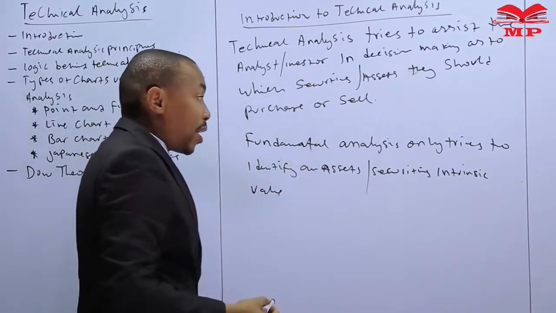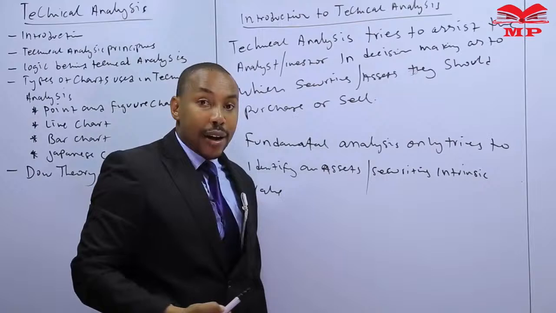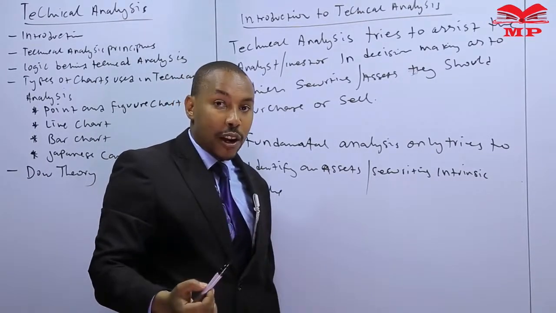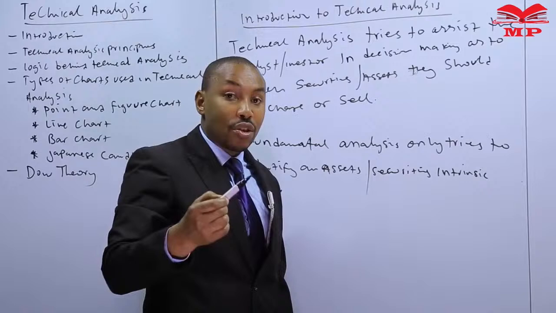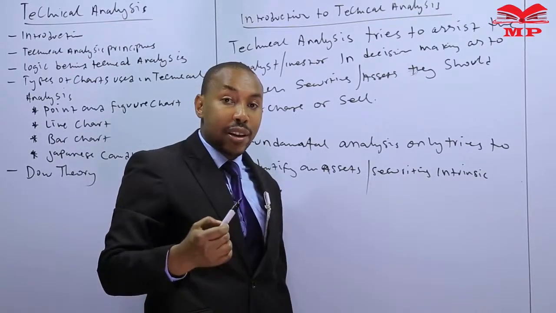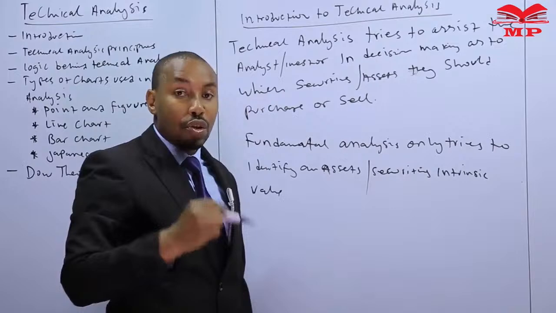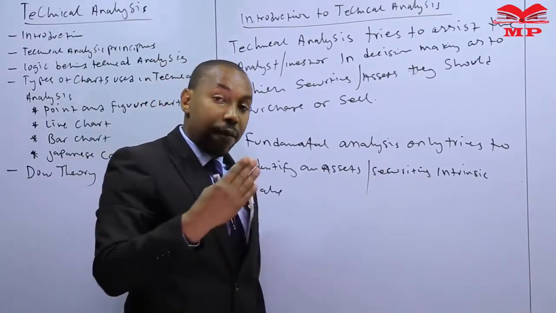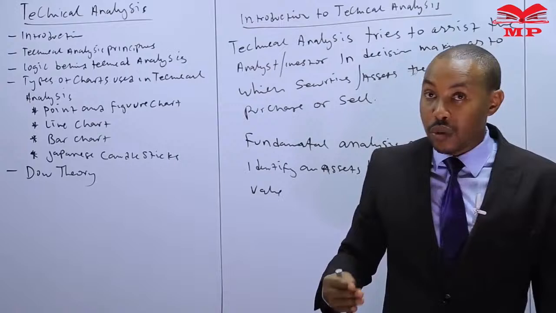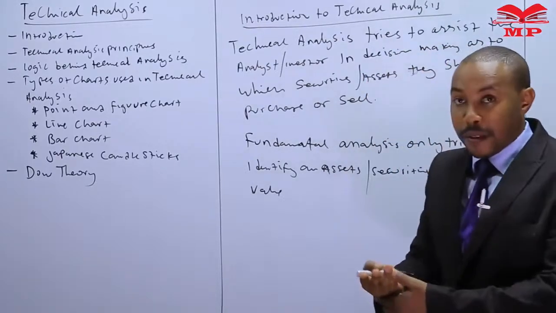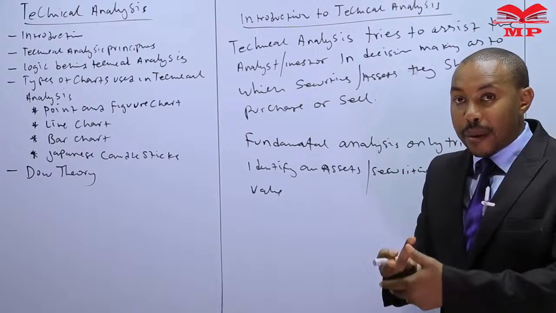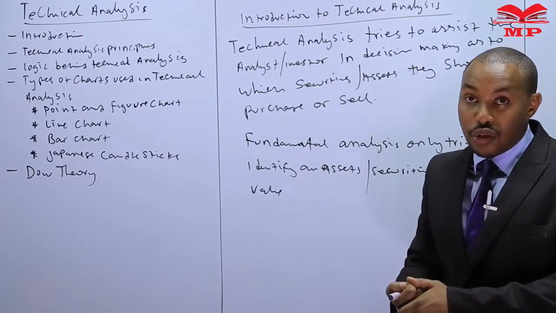And we had explained in the topic under return concepts what the intrinsic value is. I'll just recap on what we looked at. The intrinsic value is the true and fair value of an asset, what an analyst believes the value of the security should be based on the four valuation models we had looked at. The four valuation models include, I'll reiterate, the free cash flow, the dividend discount model, the price multiples, and the residual income.